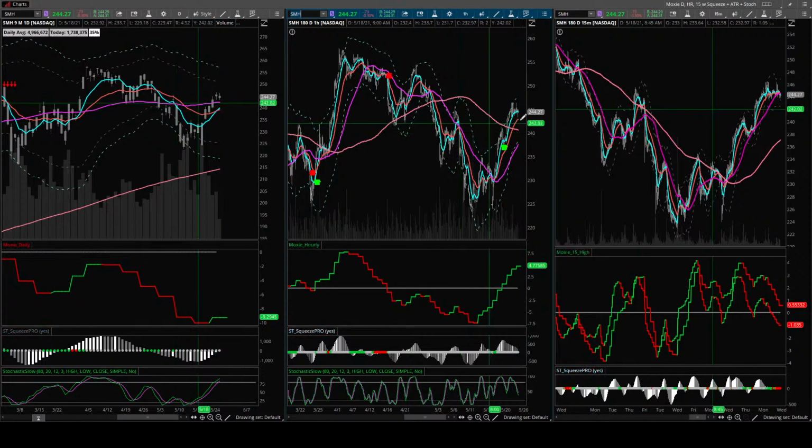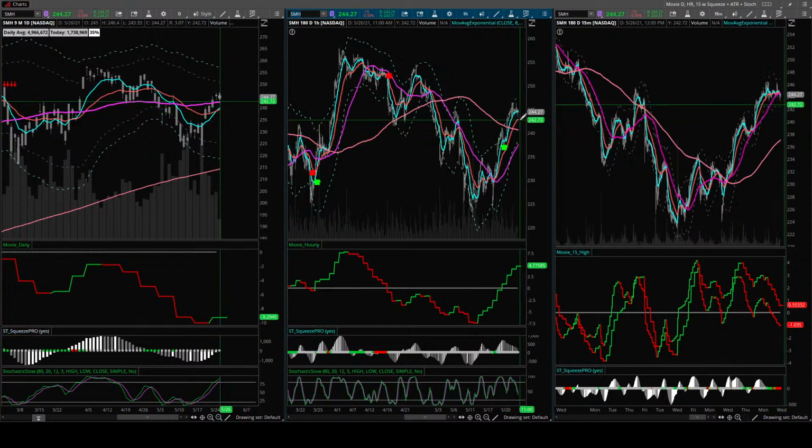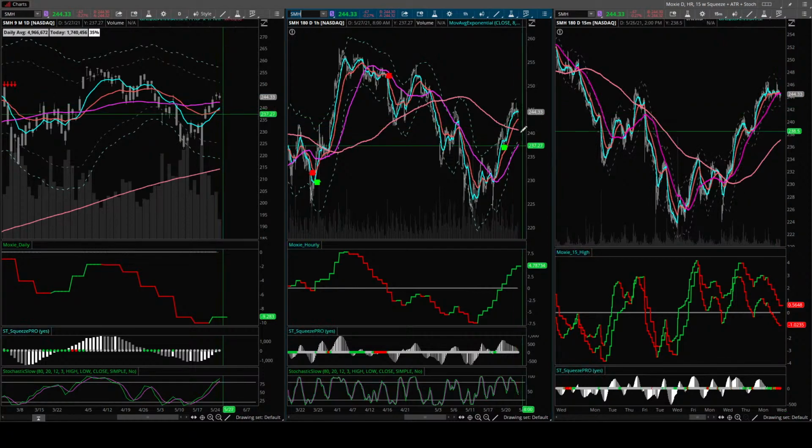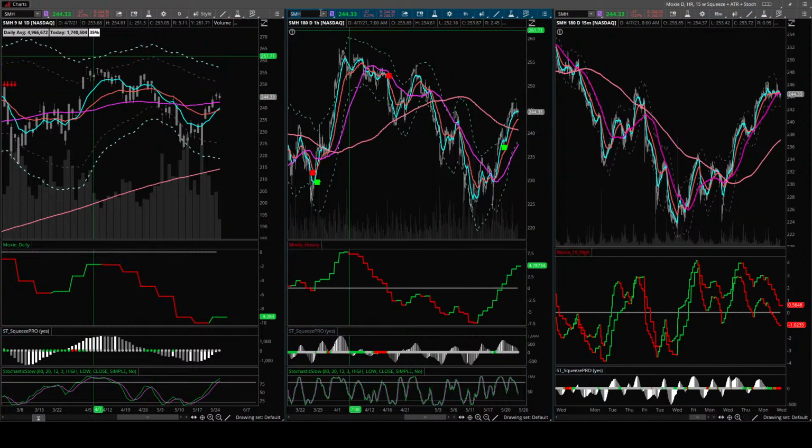And I also see that there is a big gap between price and the hourly 50 without price having touched the hourly 50 so far. So I want to see price come back down and do that. It kind of reminds me of TAN. I'd love to see price come down, test the hourly 50 for support, and then we can start to move up. Looking okay there.